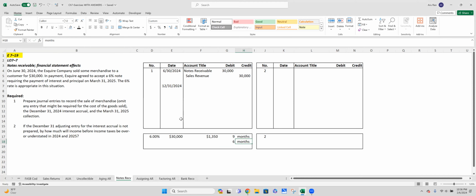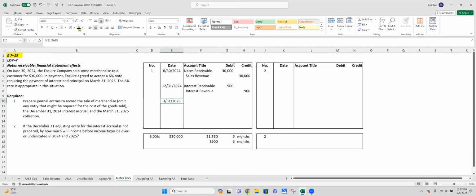So I have $900. 30,000 times 6% times 6/12 will give me 900. Or you could just take this number and multiply it by 6/12 and you'll get this 900. So my journal entry on December 31st is interest receivable debit, interest revenue credit. I'm not getting the money today, but I'm accruing the interest so I can prepare my financial statements.